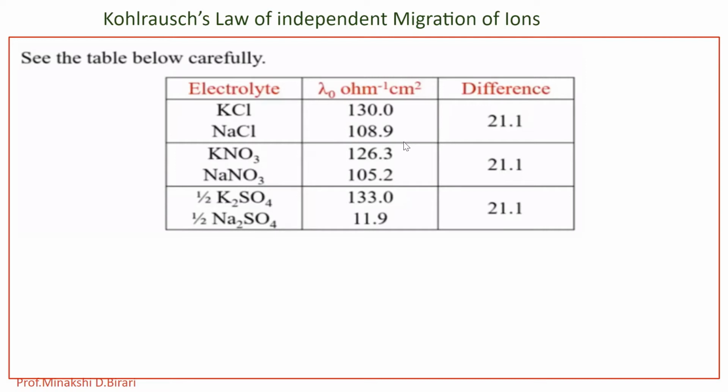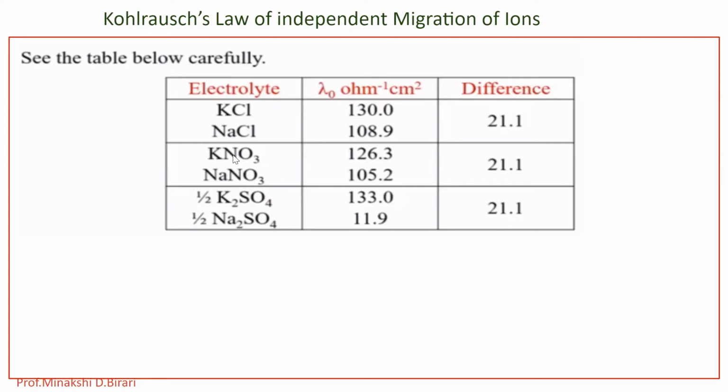This table also shows that the difference in lambda 0 values of the sodium and potassium salts containing the same anion is independent of the nature of the anion, and therefore it is the same. Here the difference observed is 21.1.